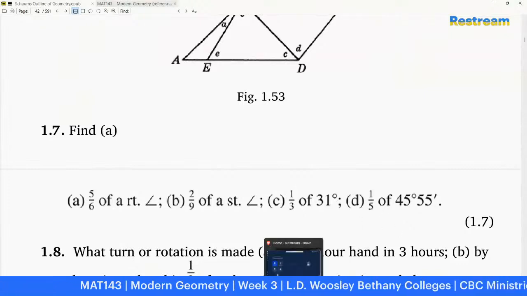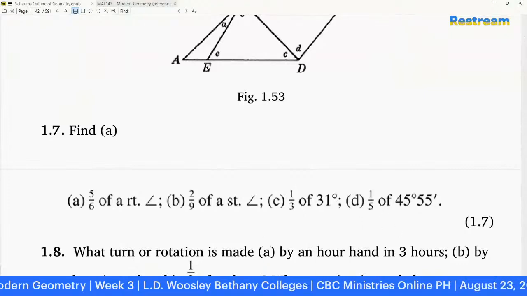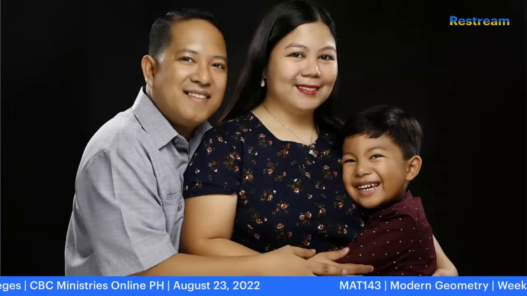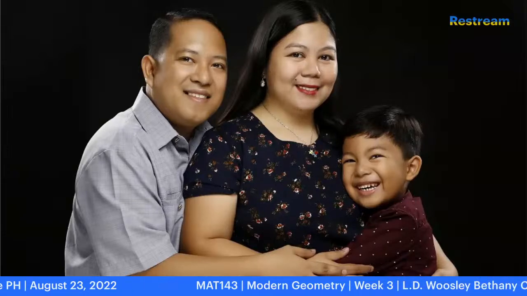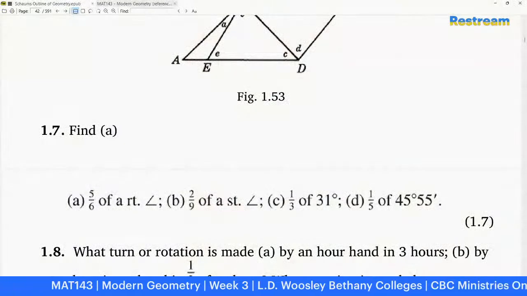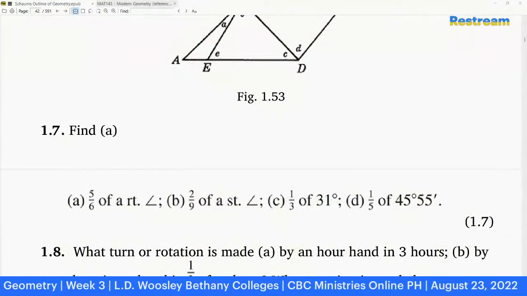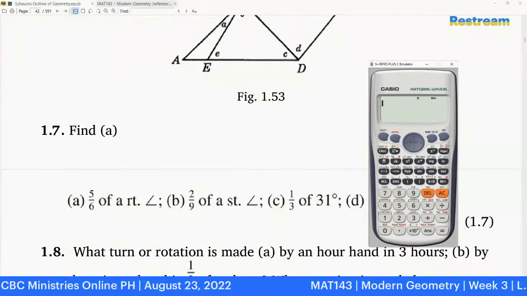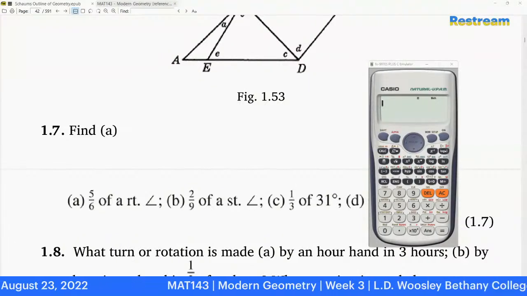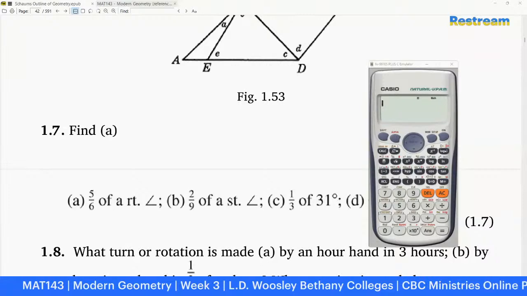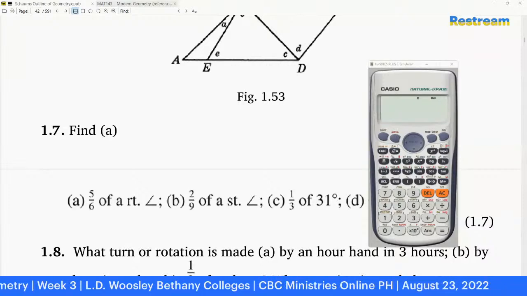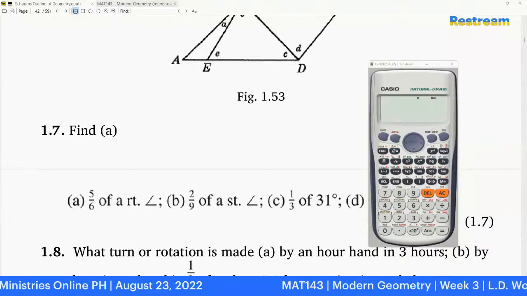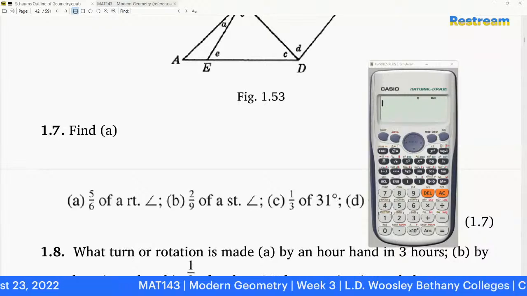By the way, kung may gusto sa inyo ng emulator, just PM me. Napakita ko na ba guys yung emulator? Ito yung emulator natin, yung emulator ng calculator. Pwede nyo rin siya magamit. Windows based lang siya.